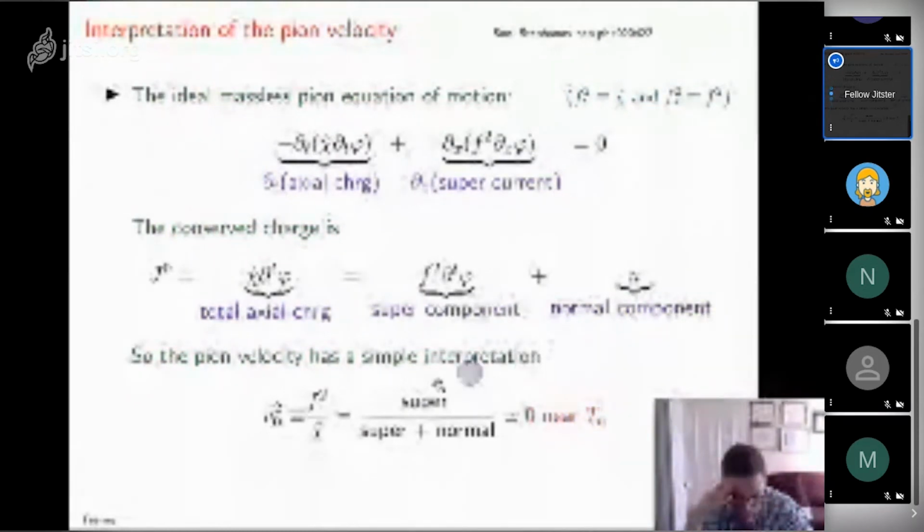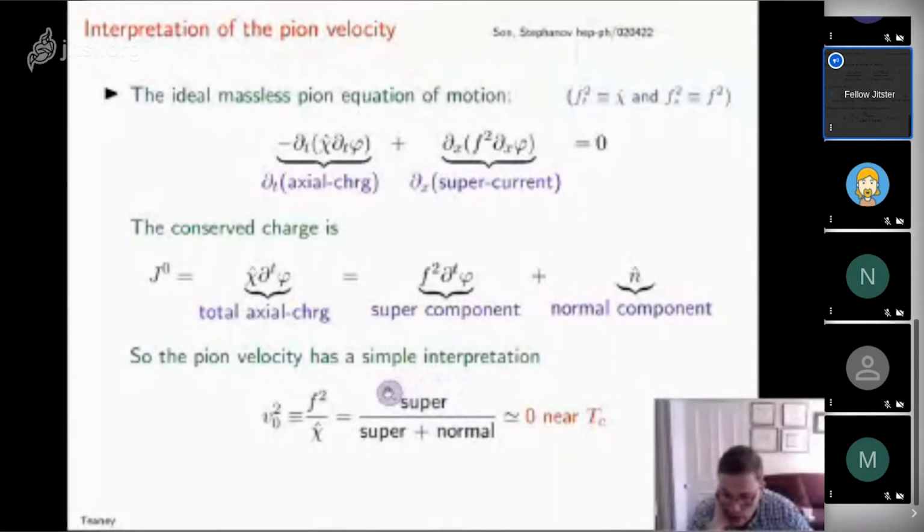If you look at what the pion velocity is, the super component is proportional to f squared, divided by the total axial charge susceptibility. So it's the ratio between how much is in the superfluid mode and how much is in the super plus normal. And so the pion velocity near TC is a measure of exactly how much is in the superfluid modes and how much is in the normal modes. As you would expect, near TC almost everything is in the normal mode, and the pion velocity then approaches 0.